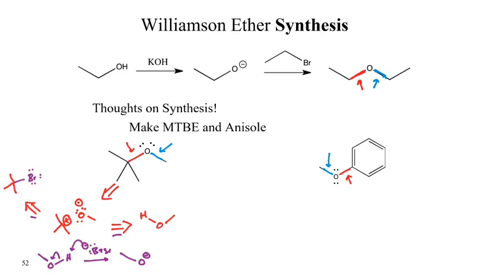I could then react that in a step 2. In that step 2, I would now have my bromide substrate. The oxygen could come in and attack, eject the leaving group, and I would now have, theoretically, my MTBE. Kind of makes sense?